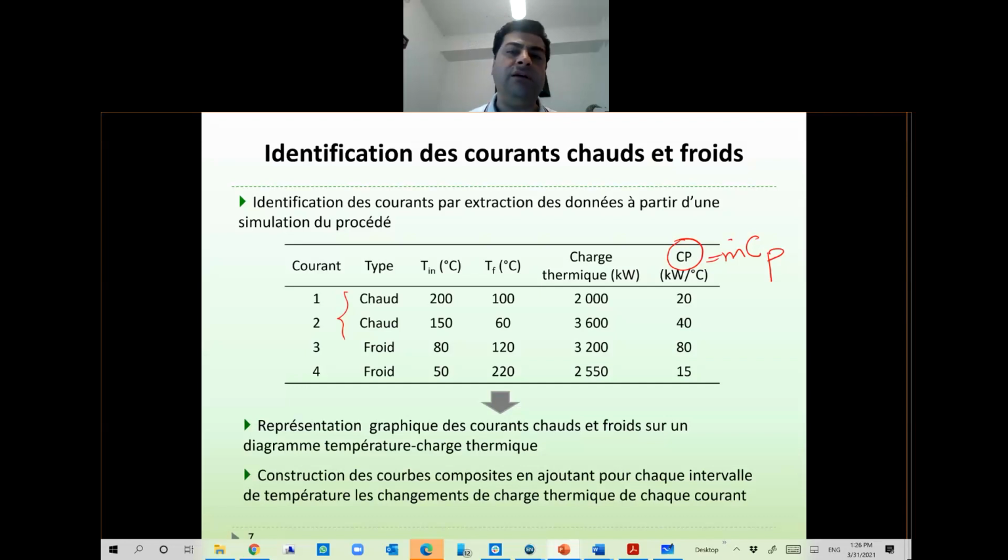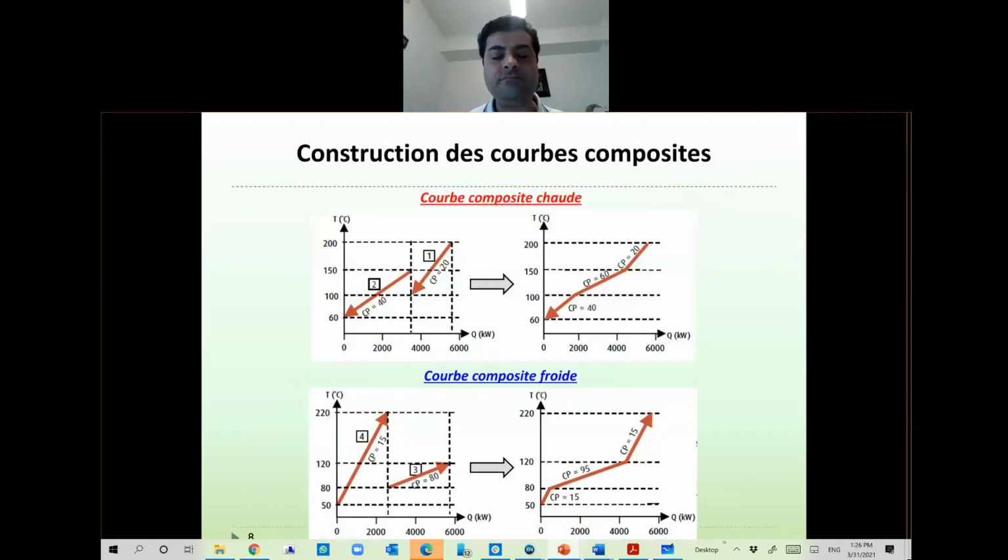That's why we have to build our tools before we decide to select the heat exchangers. As I said, one of the tools in pinch analysis is making composite curves or cool composite.